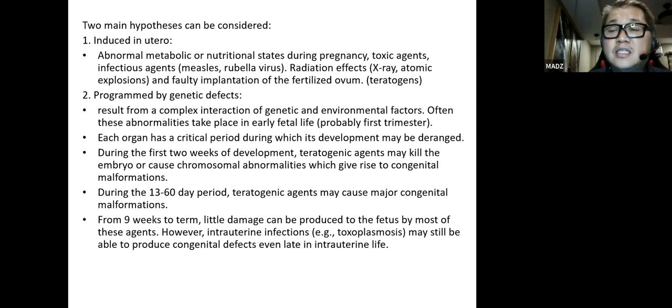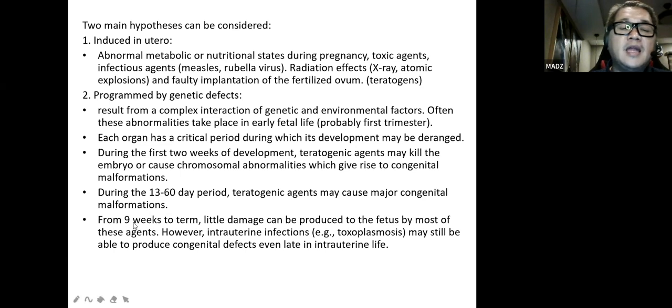Since usually in the first 2 weeks the neural tube is only just developing, if the baby is exposed to teratogenic agents that early on, the embryo may die. During the 13th to the 16th day of the prenatal period, teratogenic agents may cause major congenital anomalies.